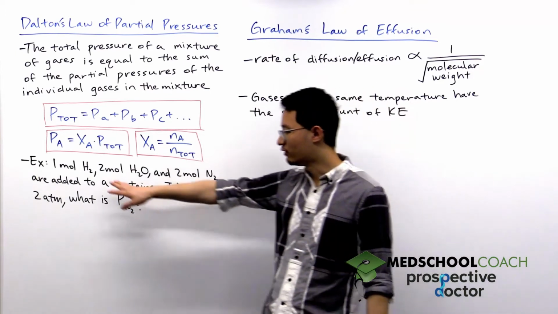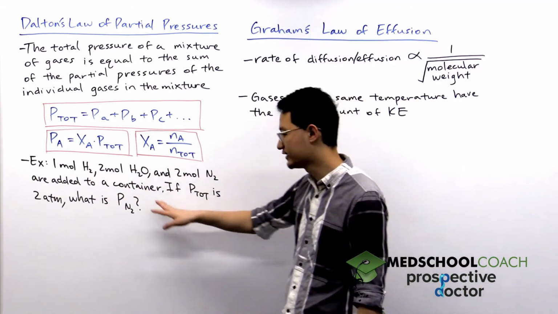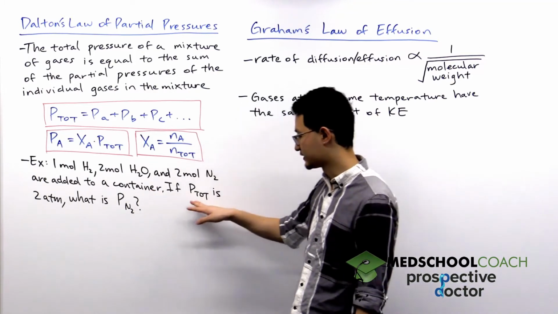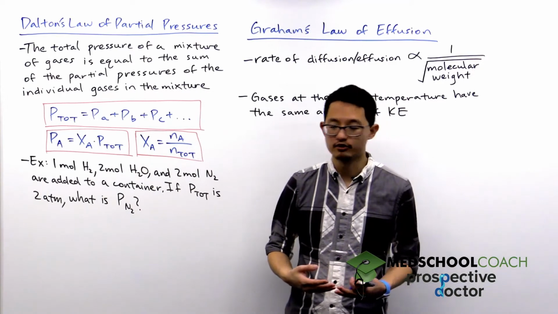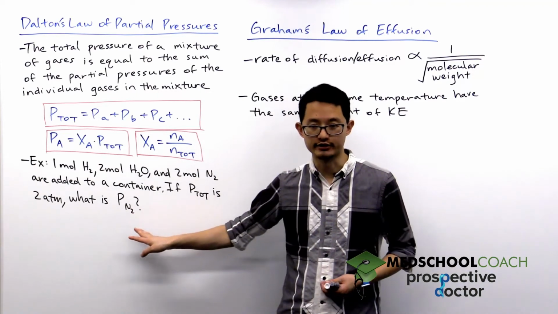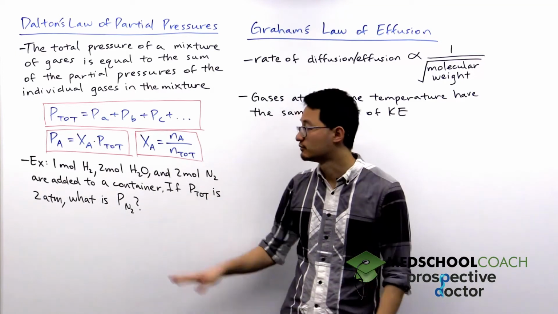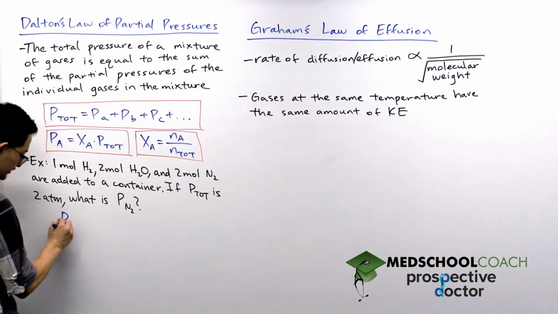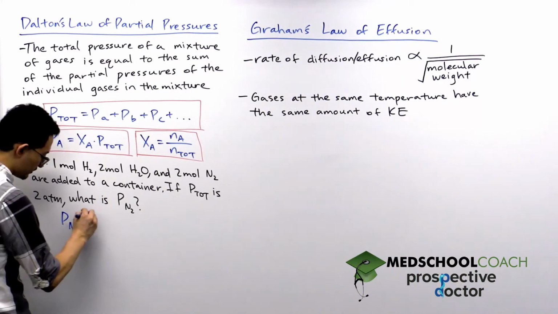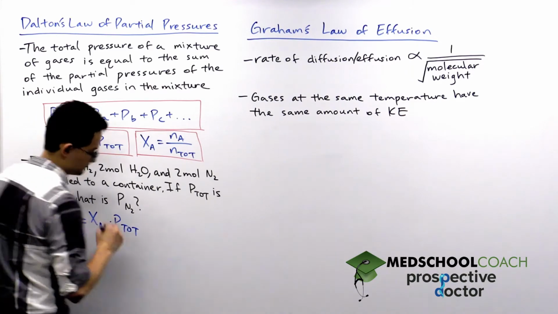Here we've got 1 mole of hydrogen, 2 moles of water, and 2 moles of nitrogen that are added to a container. They tell us that the total pressure is 2 atmospheres, and we want to know the partial pressure of nitrogen. So if we want to calculate the partial pressure of nitrogen, we've got the equation. We can simply write that the partial pressure of nitrogen is equal to the mole fraction of nitrogen times the total pressure.